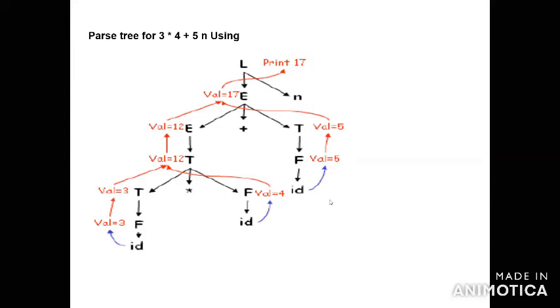So these are the two types of attributes for the given grammar: one is inherited attributes and the other one is synthesized attributes. In the explanation, you have to define the synthesized attributes with an example and draw the given diagrams. Okay, next thing.